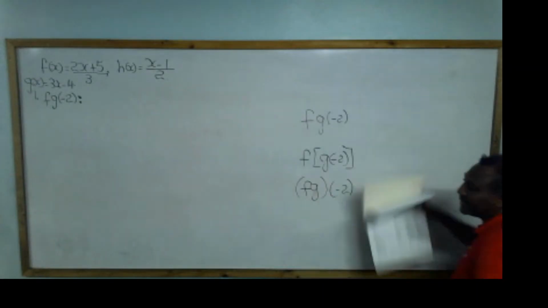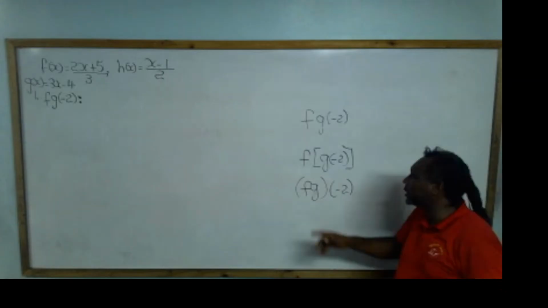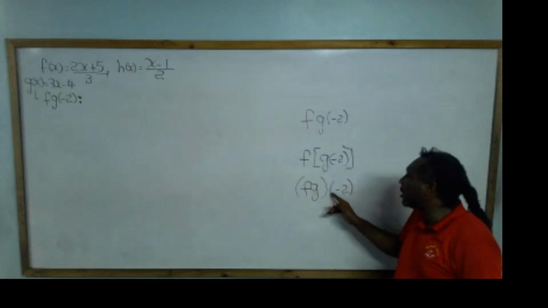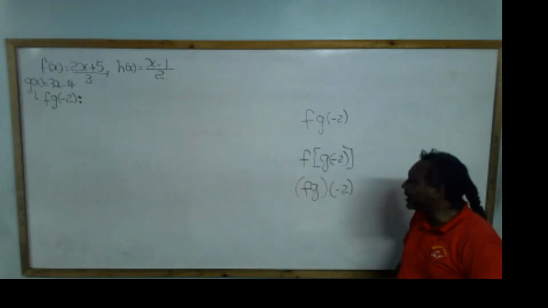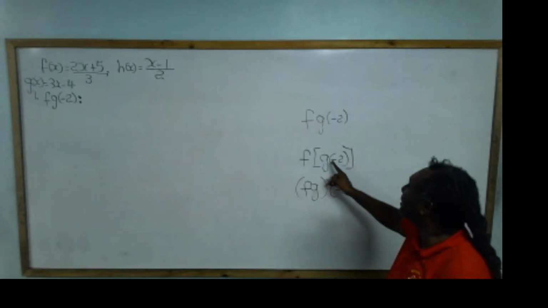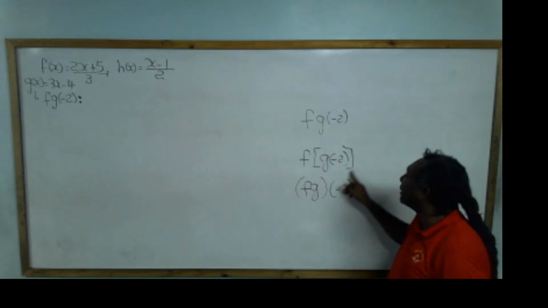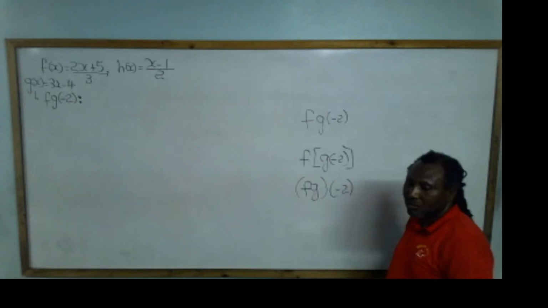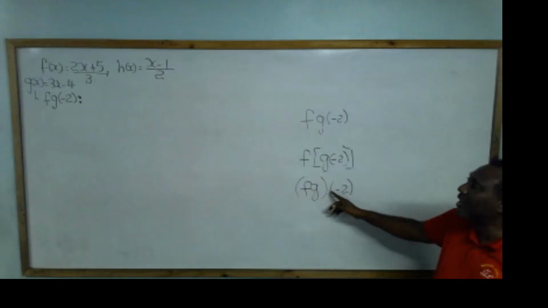That means we will find the composite function f of g and cause it to operate on negative 2. And the other one is, g works on negative 2, and then f will operate on whatever g of negative 2 is. So the first thing that we'll do is this one, f of g, and cause it to operate on negative 2.